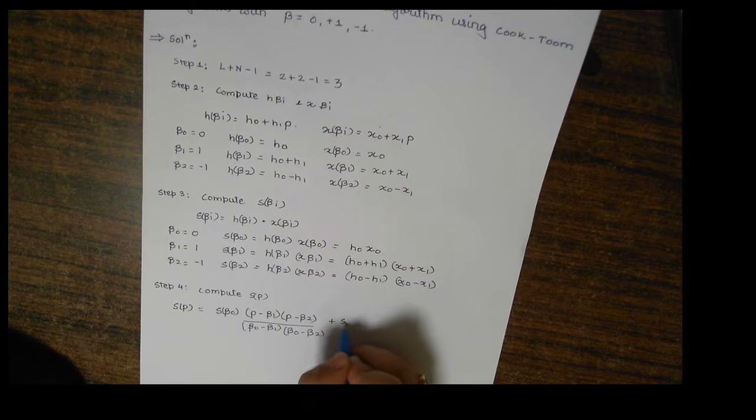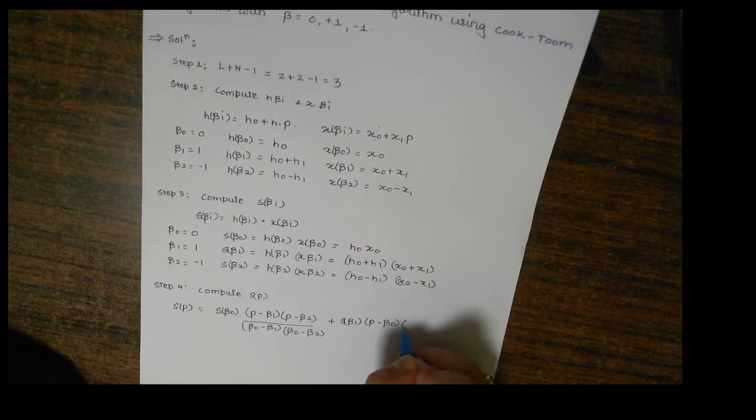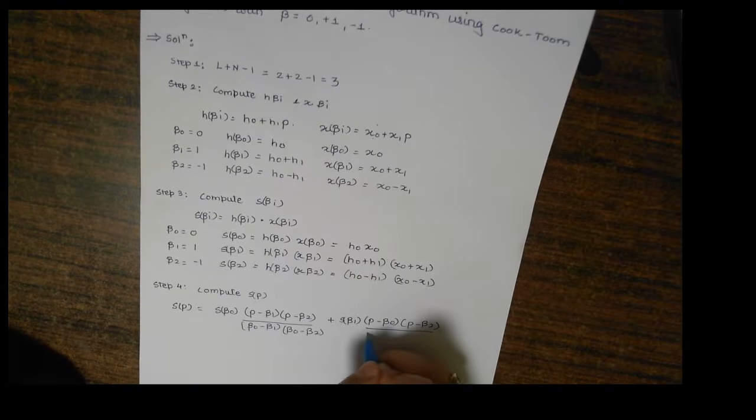Similarly, for S beta 1, we'll be having p minus beta 0. Now we'll be skipping p minus beta 1 and p minus beta 2. Denominator will be now beta 1 minus beta 0 and beta 1 minus beta 2.